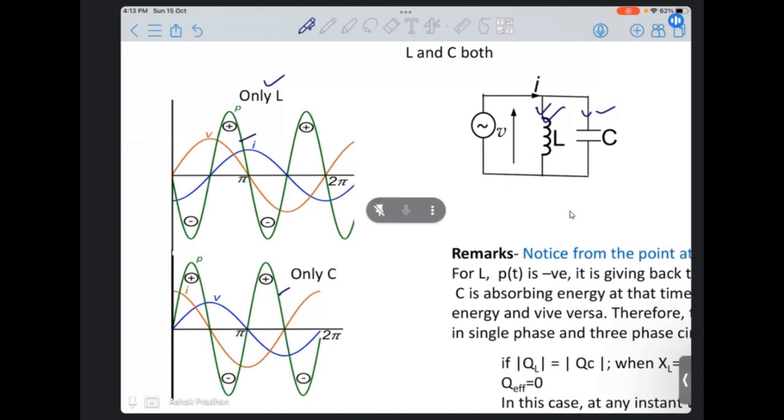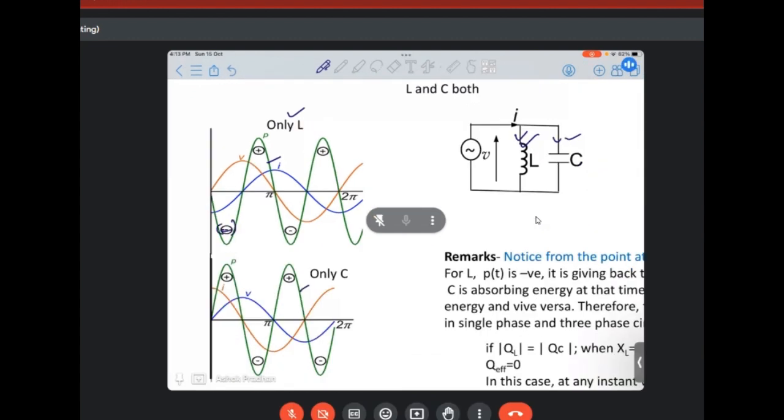Within this 0 to 2 pi, there is a negative half in the first quarter of the cycle for L, whereas for C it is positive. That implies that when the inductor is giving back to the system, the capacitor is taking power from the system.